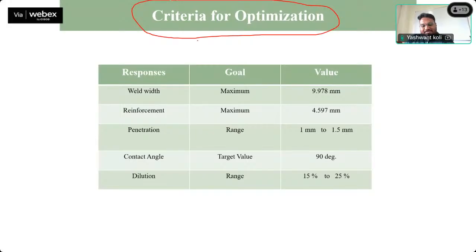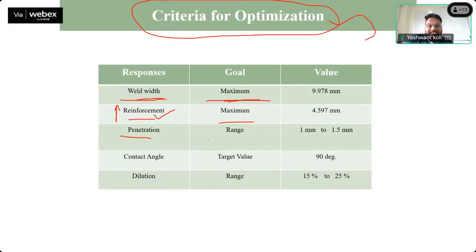But if our objective is to optimize the weld bead for the fabrication of the WAM component, then we need weld width to be maximum, and reinforcement to be maximum. Why reinforcement maximum? To increase the height of the component. As the reinforcement increases, the height of the component increases.